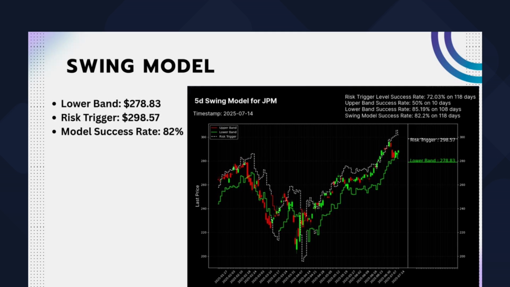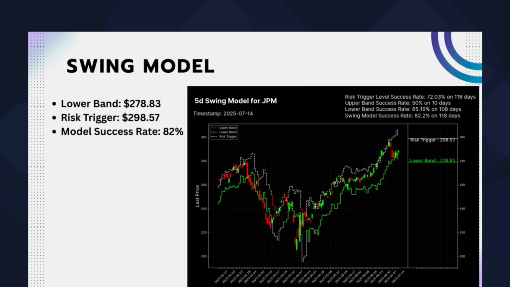So in simplicity, in 82% of the days, the price of the asset, in this case JPMorgan, 5 days in the future closed above the lower band. So in this case, we're looking to stay above 278.83.